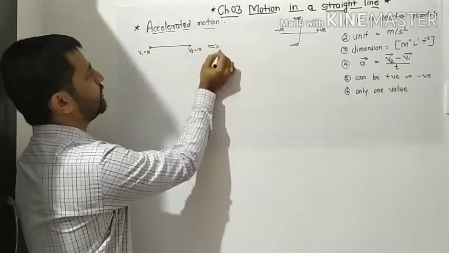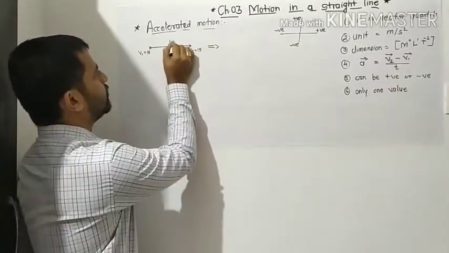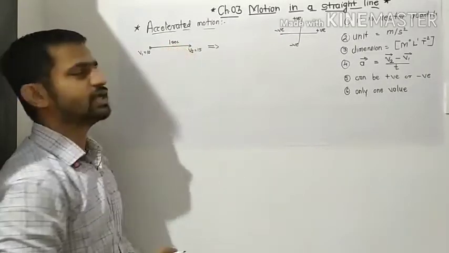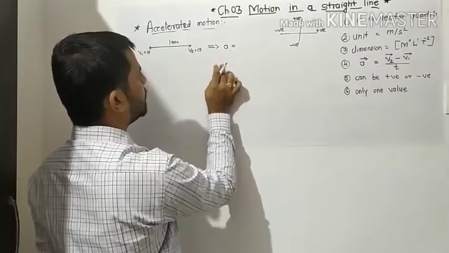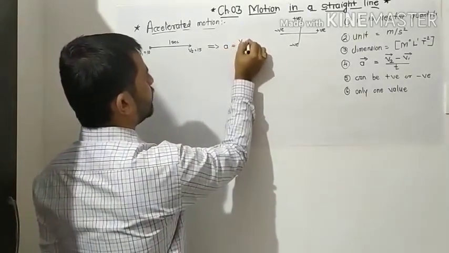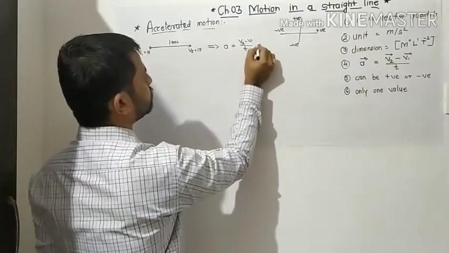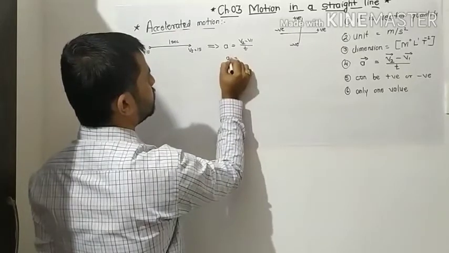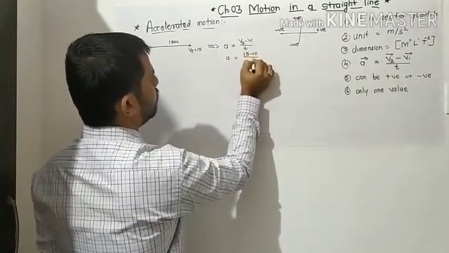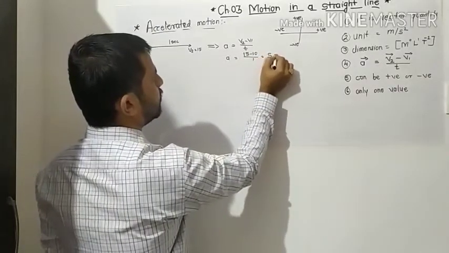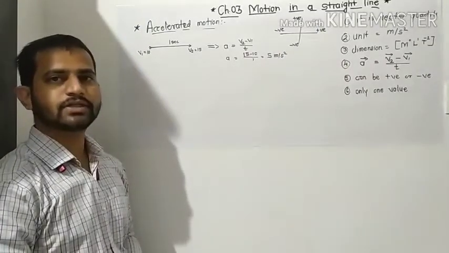What is the acceleration within a time period of 1 second? The value of acceleration a is equal to v2 minus v1 upon t, so a is equal to 15 minus 10 upon 1, which is equal to 5 meter per second square.